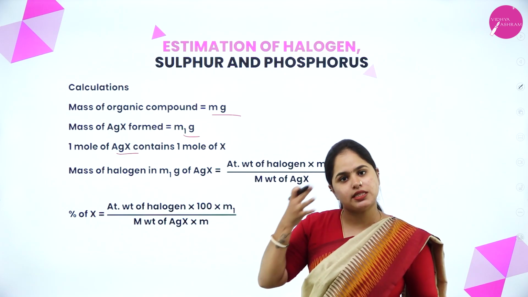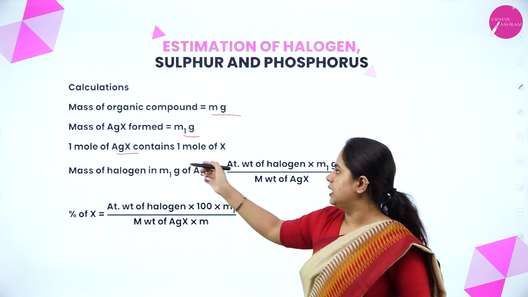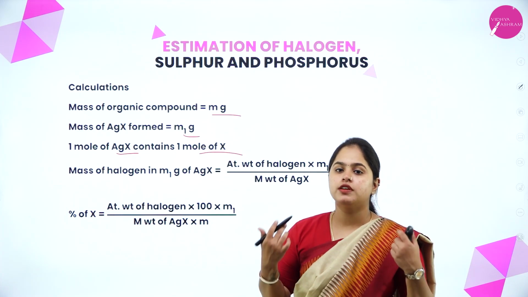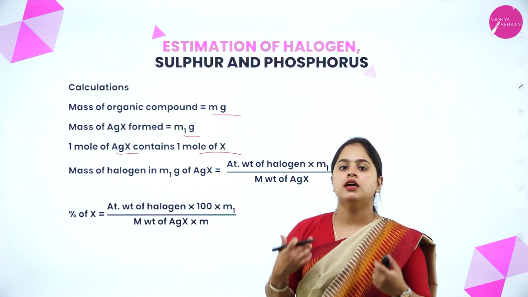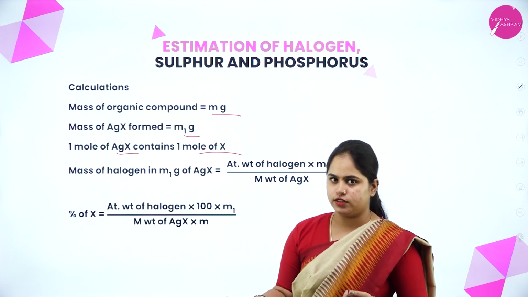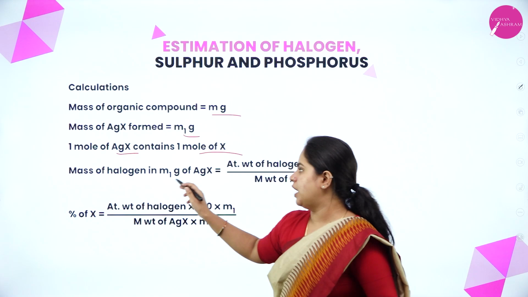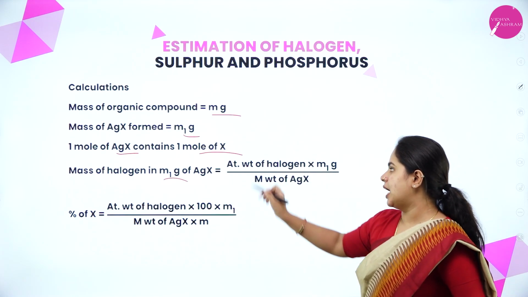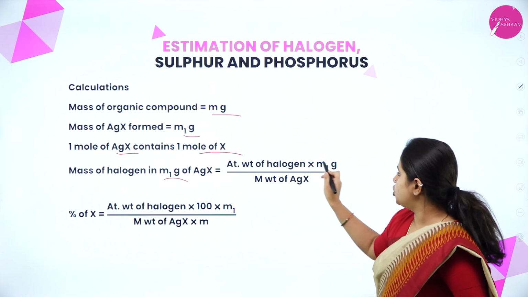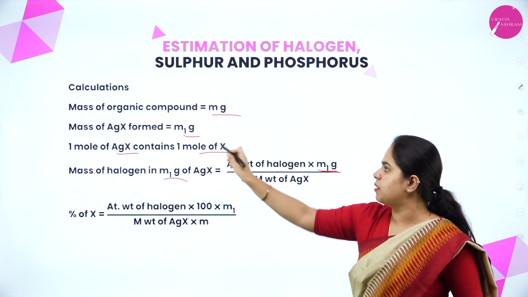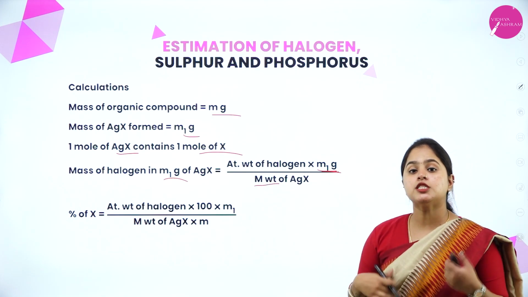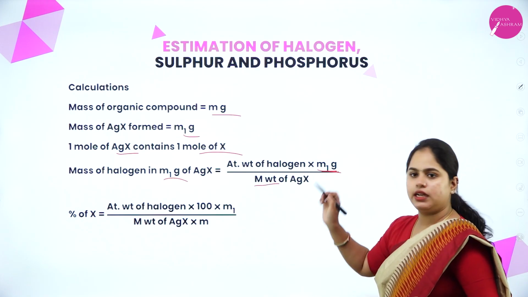If it is 1 mole of silver chloride we have taken, it will be 1 mole of chlorine which is present there. Hence, the mass of halogen in m1 gram of silver halide is calculated as atomic weight of halogen into m1, where m1 is the mass of silver halide formed, divided by M weight, which means molecular weight of silver halide.